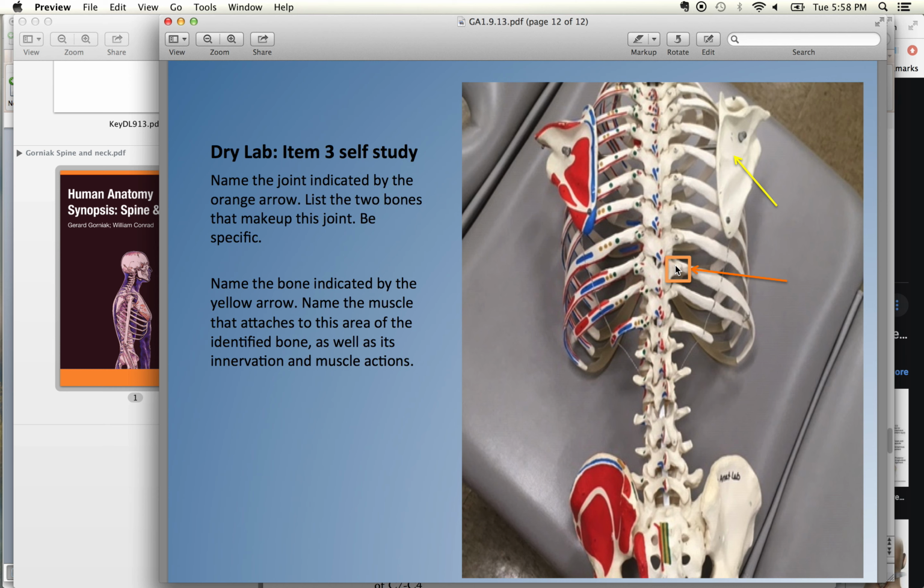I think on a test that joint would be blown up for sure, so that you could clearly see where the articulation is occurring and which one we're looking for.